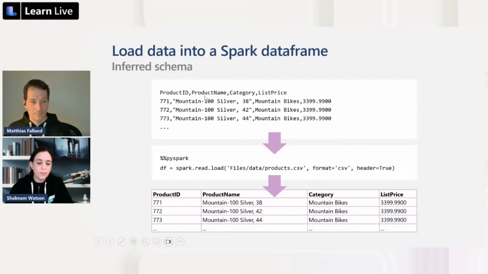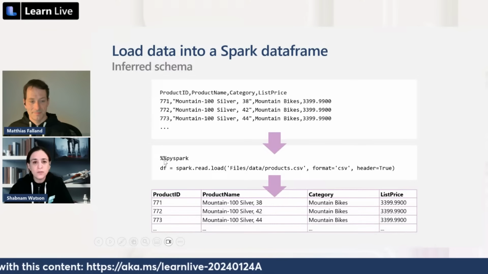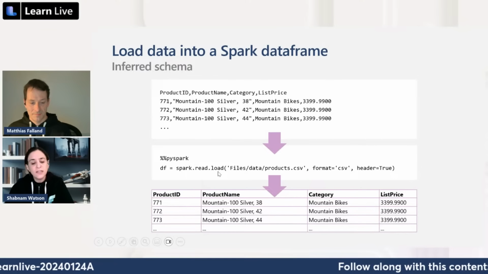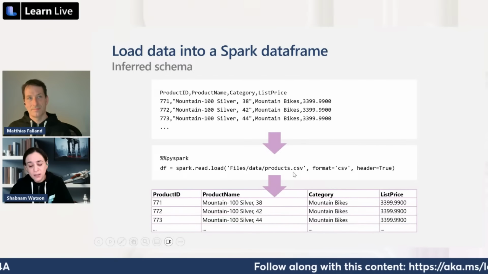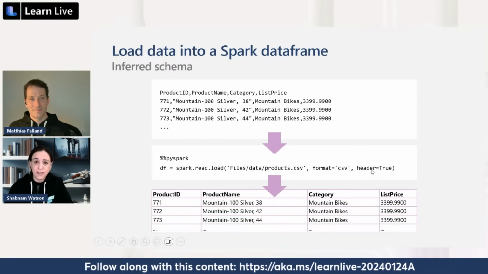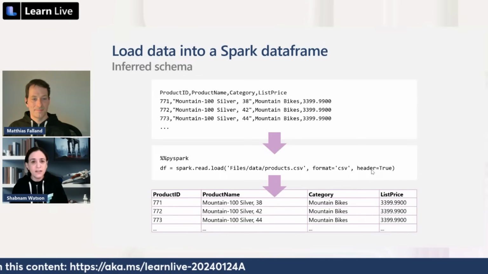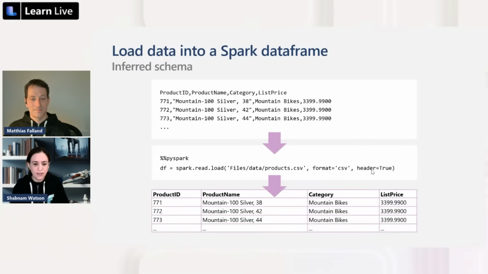So for example, if you have product ID, name, category, and list price, followed by the actual values. You can load this into a data frame in your notebook by using this code. So we will use the method of read and load, and then you give it the path to the file, the format of the file, and whether or not it has a header. So this will use the first row as the header and load your data in a data frame.